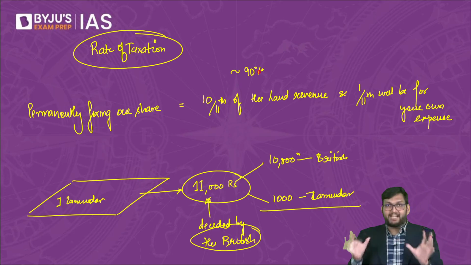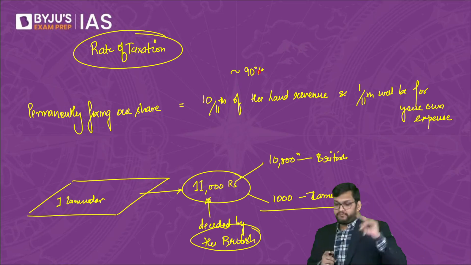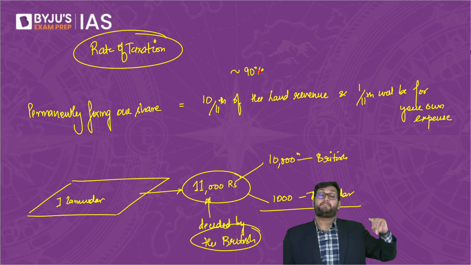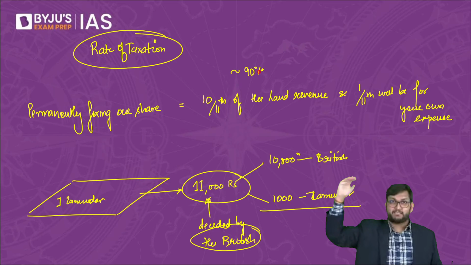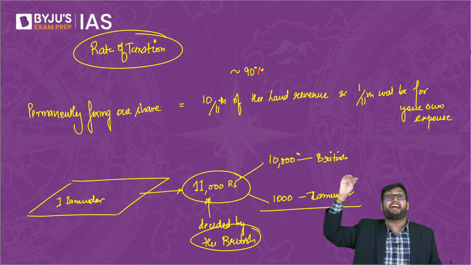But the worst part of this system is, if the British will fix the revenue forever, listen to me, will they fix it at the highest or at the average? They will fix it at the highest.